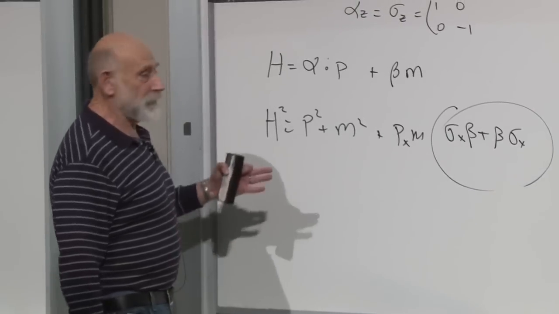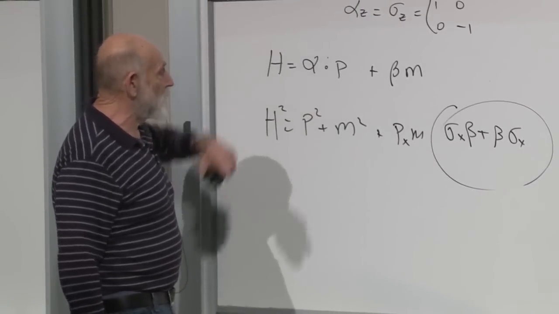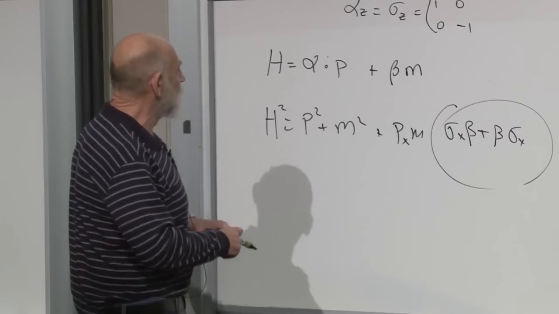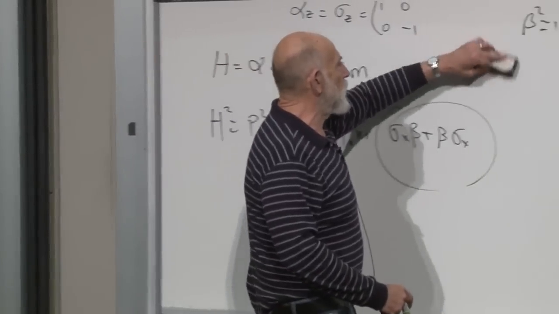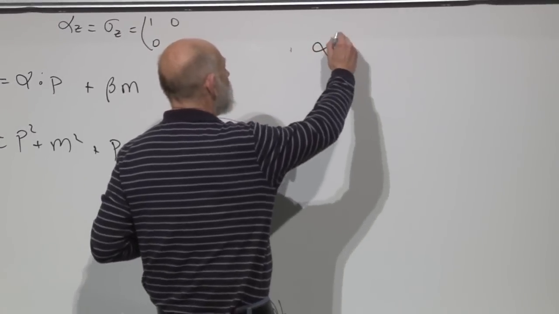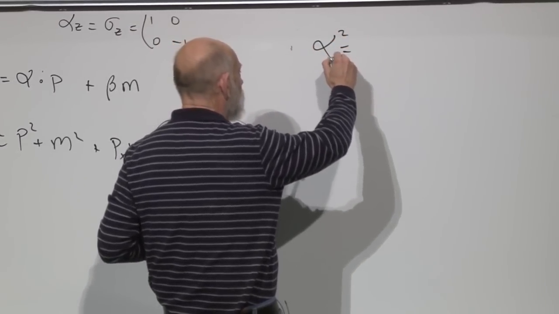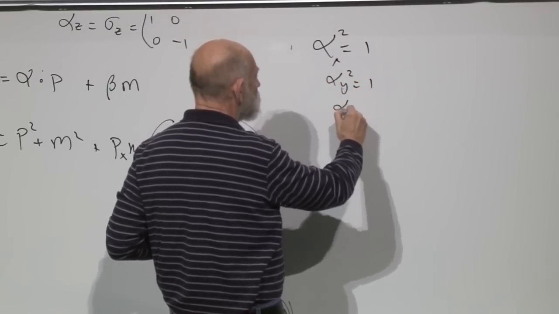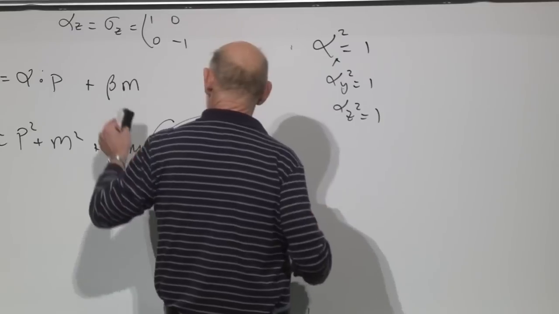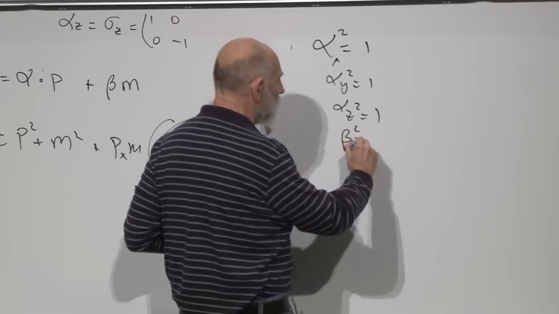Now, the fact is, I think he wrote this down before he even thought about the one-dimensional case. And now what we need is four mutually anti-commuting matrices. Alpha x squared equals 1, alpha y squared equals 1, alpha z squared equals 1. We better also have beta squared equals 1.